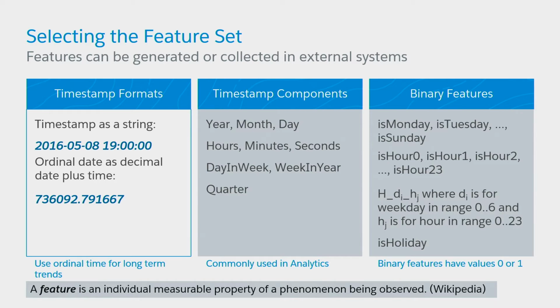If you are using a timestamp, we will see that it has different components. For example, it has a year, a month, a day, hour, minute, second, which day in a week it is, which week in a year, and which quarter, might be calendar quarter, might be fiscal quarter coming from some corporate calendar. Essentially you are trying to get all these components.